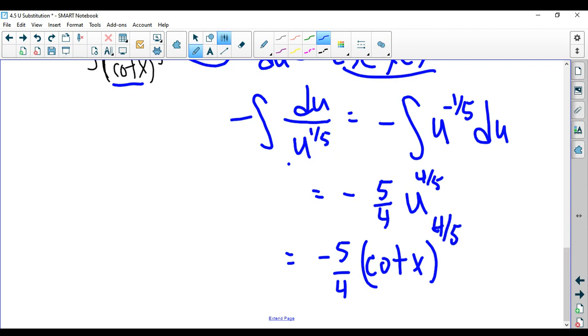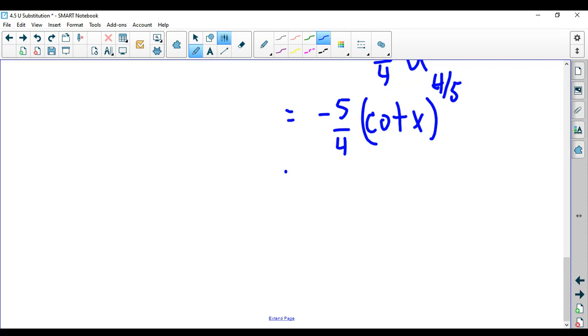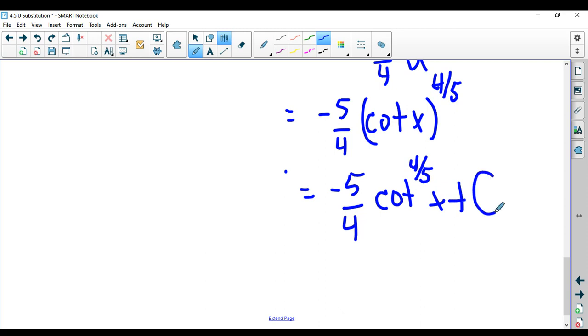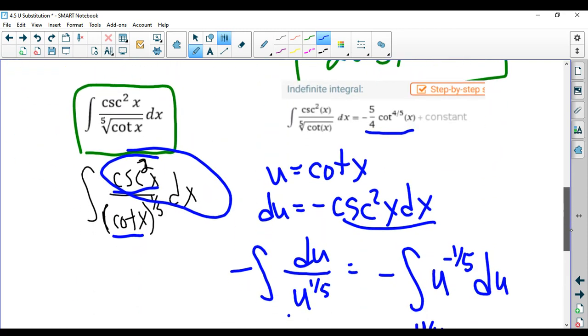And just to be mathematically simplified, we'll write it as you should write trig functions to a power. Plus c.